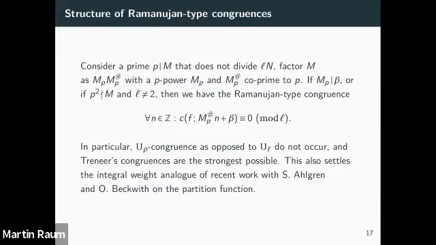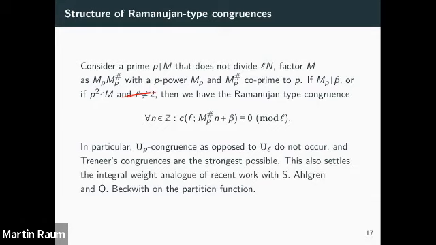Okay, so this L not dividing is not necessary, because I was assuming anyway that L is odd. So again, we consider this prime P that divides M. We take for granted that it does not divide L and N. And we factor M as before as M_P and M_P sharp. And then we have two cases where we can remove the prime completely from the Ramanujan congruence.